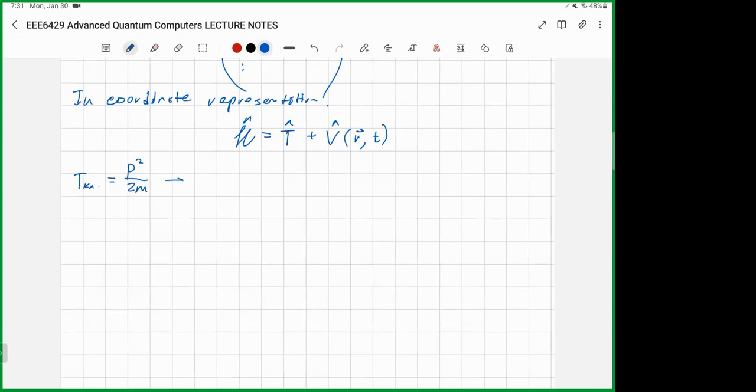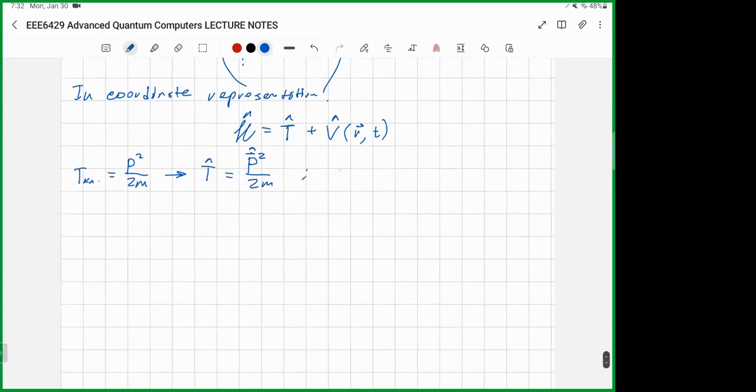So in quantum mechanics, we substitute this classical kinetic energy with the operator, and this operator gets the square of the momentum operator over 2m. m is the mass of the particle. If you're talking about one single particle, then m is the mass of that one single particle.